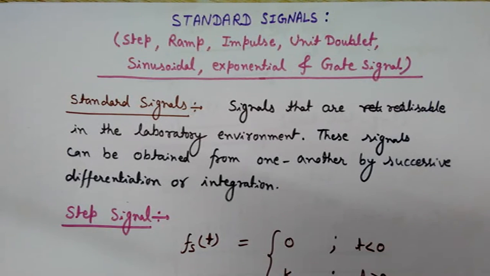Actually, standard signals, also called singularity functions, are the signals that are realizable in the laboratory environment. One very interesting thing about standard signals is that these signals can be obtained from one another by successive differentiation or integration.